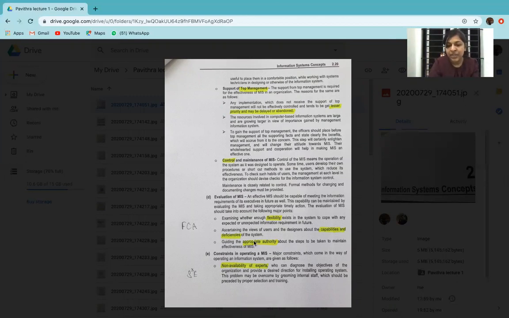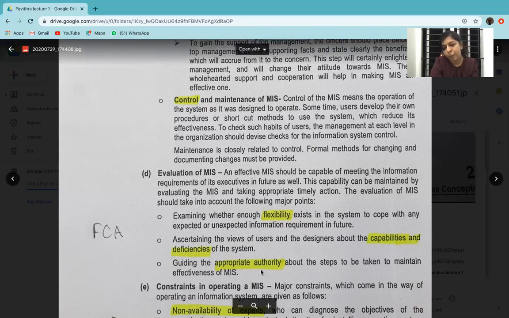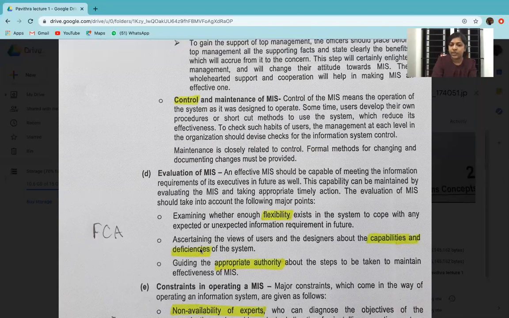What does F mean here? F means flexibility. What does A mean? The appropriate authority has taken the steps to maintain effectiveness. And then what is C? Capabilities and deficiencies have to be ascertained and then corrected.